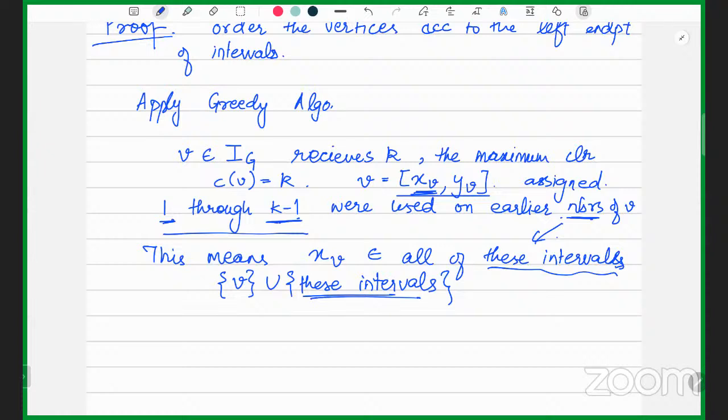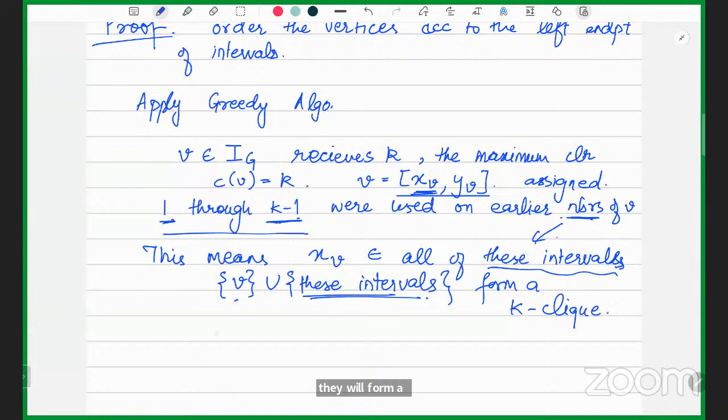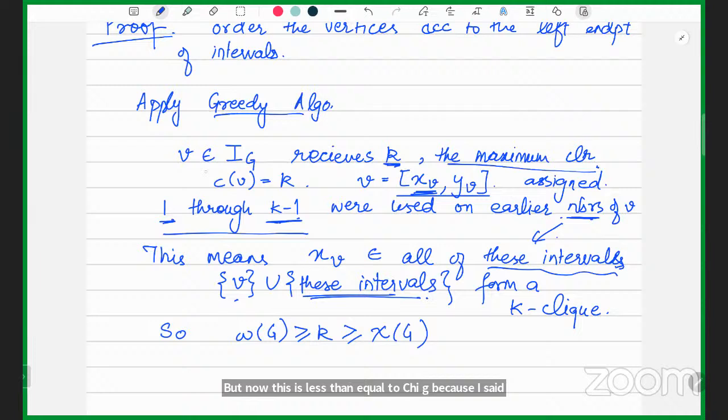So K minus 1 intervals, along with one more interval, they will form a K-clique, or a clique of size K. So the clique size of the graph could actually be bigger than K, because I have found one clique of size K. The clique of the graph could be bigger than this. But now this is less than or equal to chi(G), because I said K is the maximum color which this greedy algorithm has given to this vertex.